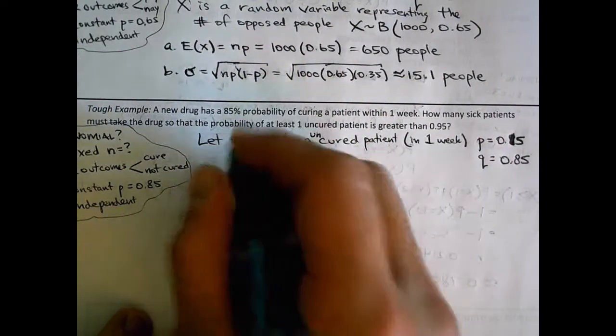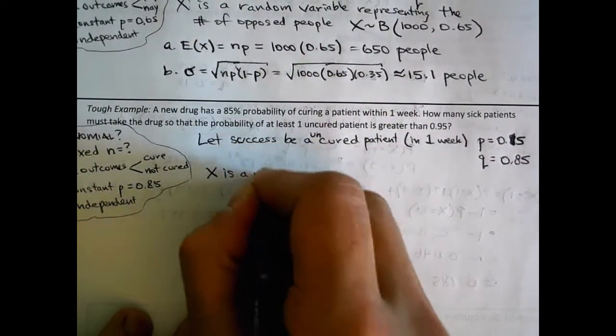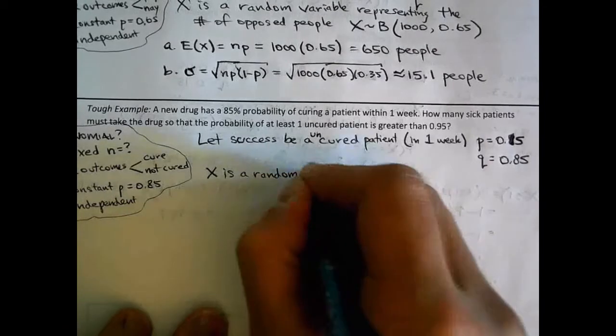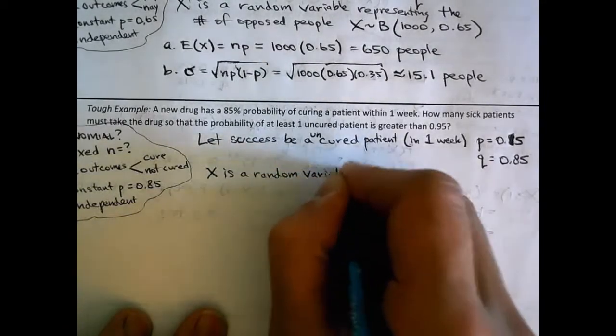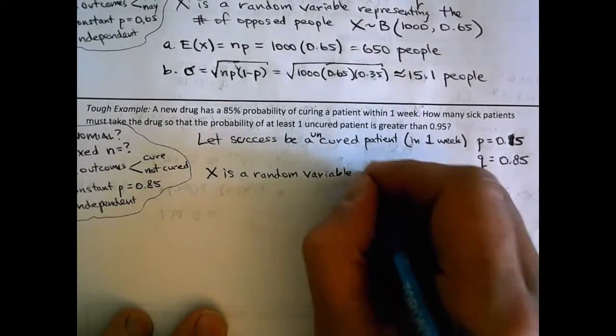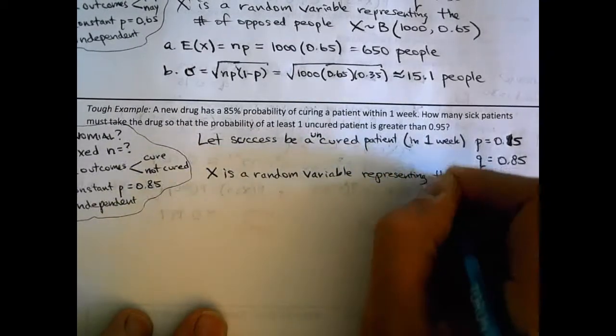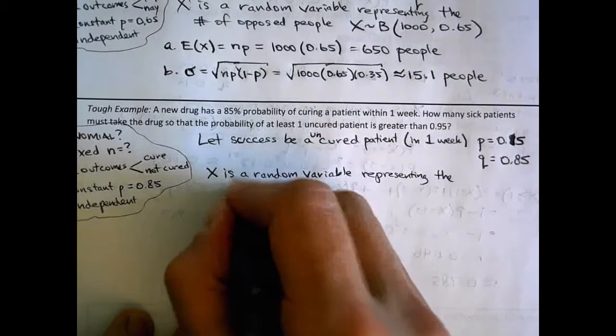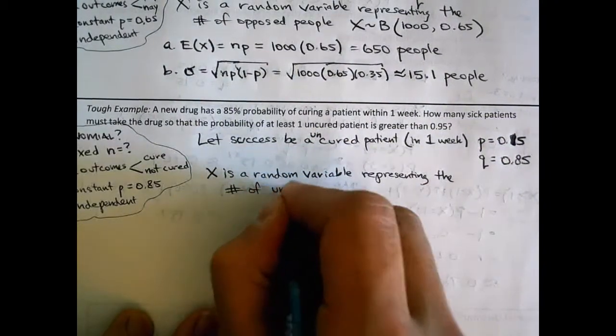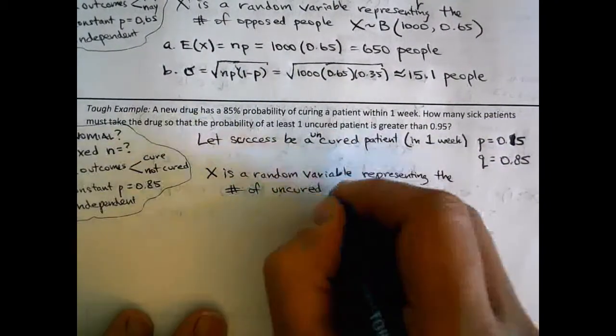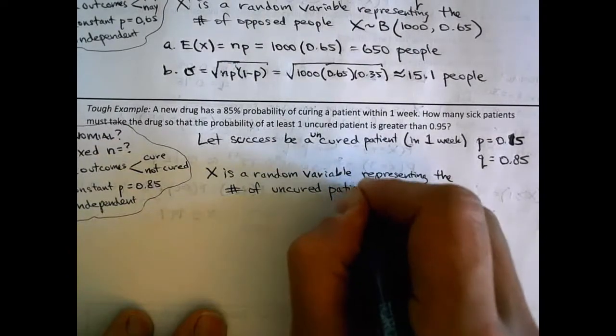Okay, so let X be a random variable representing the number of uncured patients. And again, sorry, I forgot that.